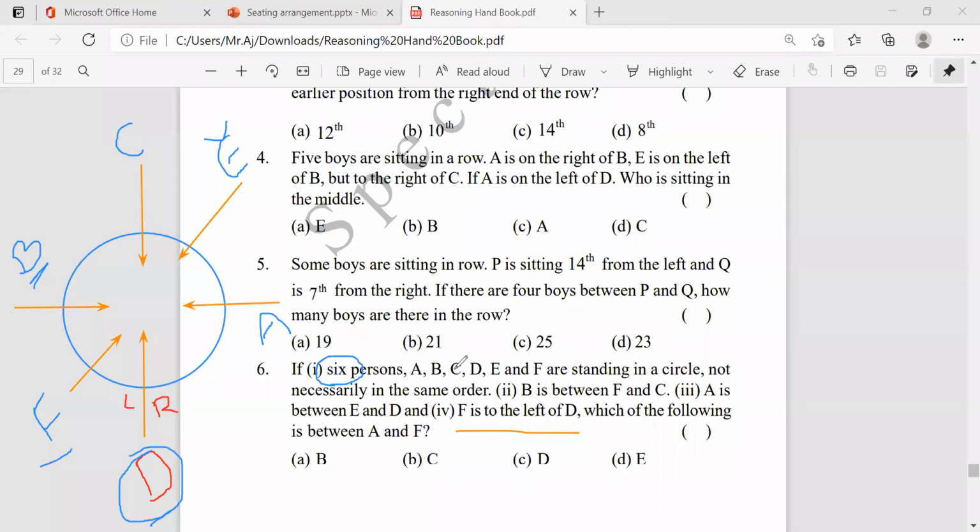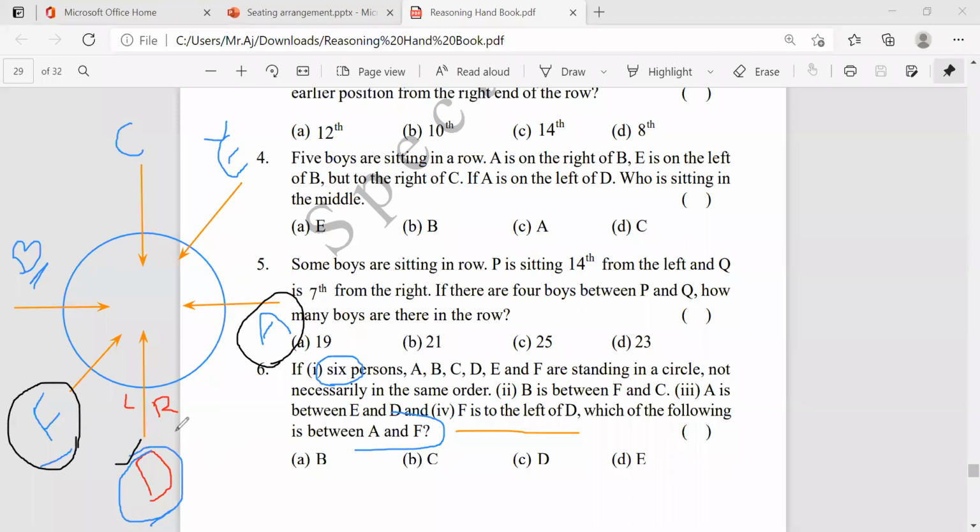Yes, D. What they're asking is which of the following is between A and F. Where is A? Here it is A and this is F. And who is in the middle of this? D. So you need to understand what the middle is. Between means middle.